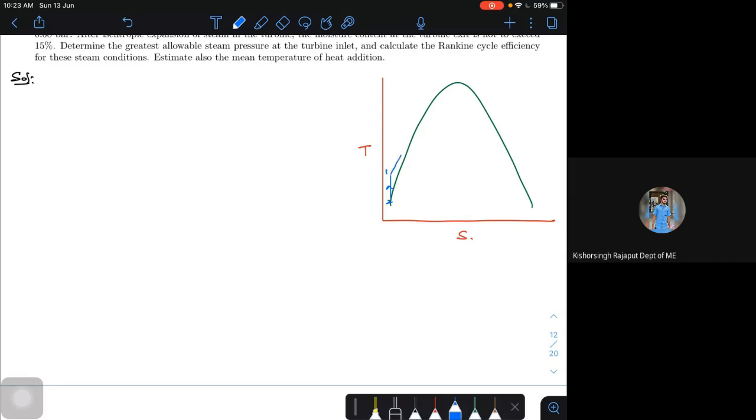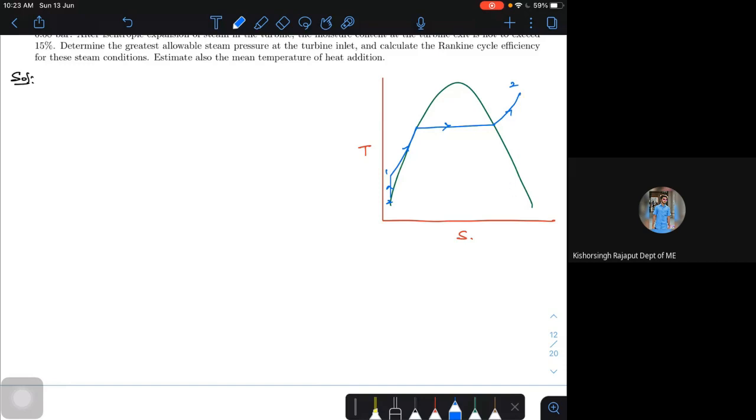Then it moves along the constant pressure curve. This is the heating, and it goes to the particular point 2. Then it gets expanded in the turbine.